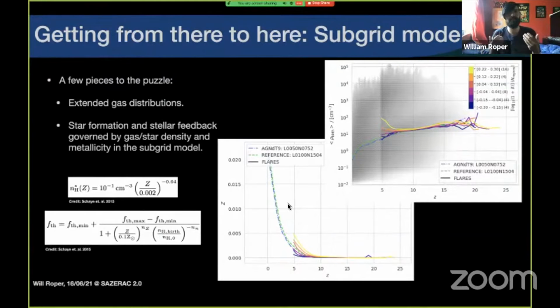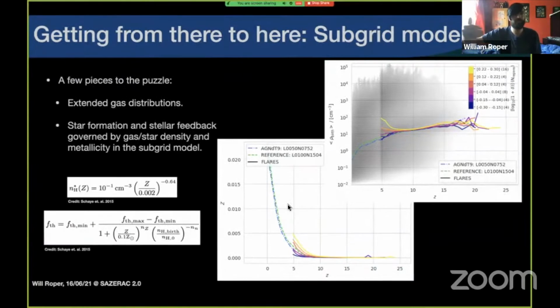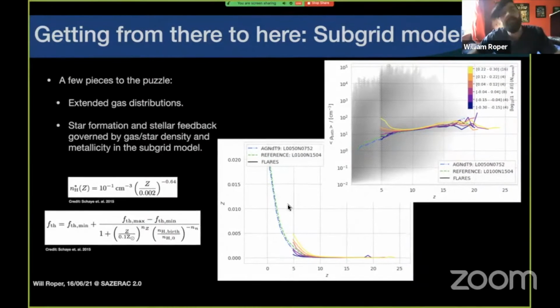Combined with the extended gas distributions, you get this picture of really compact cores undergoing runaway star formation at high redshift, and then at some point later, around redshift 3, the metals mix just enough into the surrounding gas to begin their own star formation, and you get this puff up of the size of these galaxies.